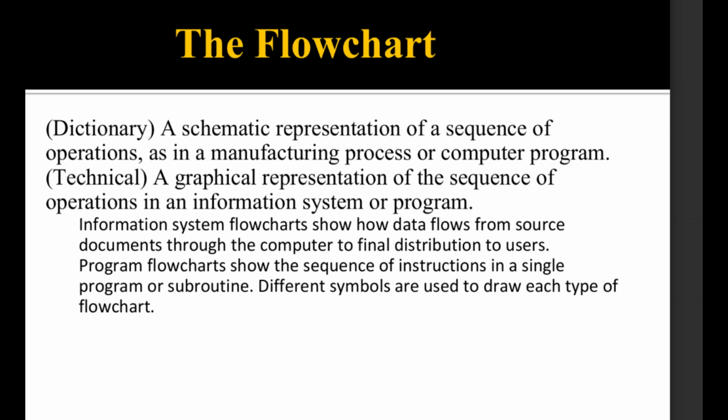Information system charts show how data flow from source documents to the computer to final distribution to users. Program flowcharts show the sequence of instructions in a single program or routine. Different symbols are used to draw each type of flowchart, like we previously talked about.